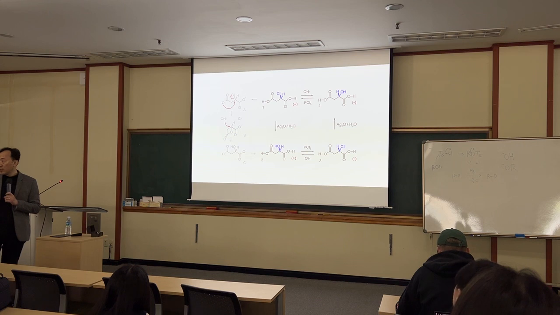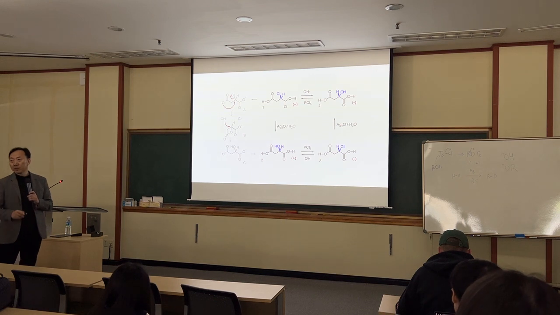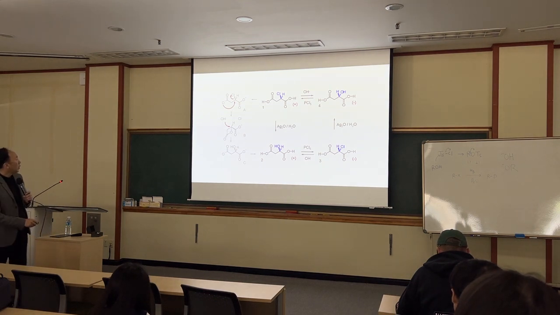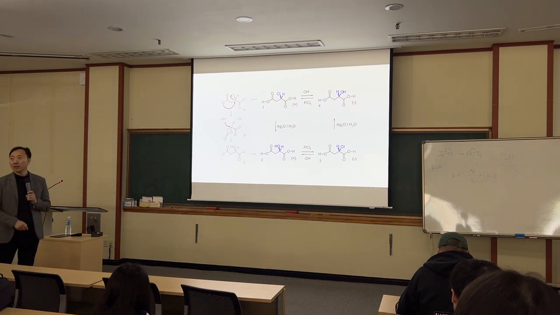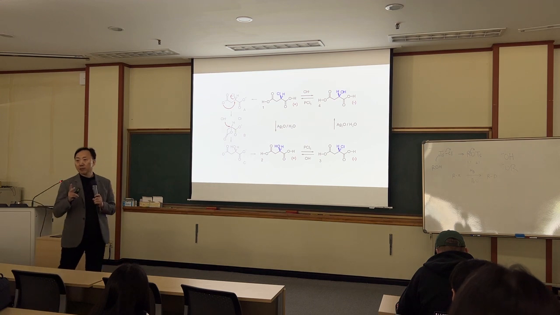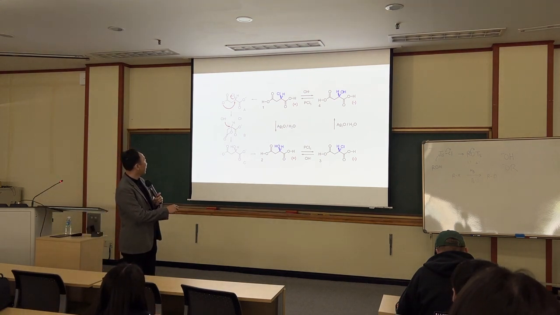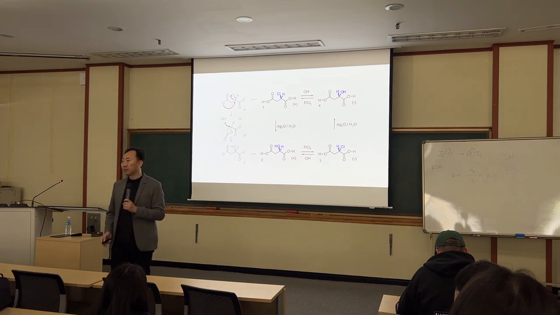This is also an SN2 reaction. One SN2 already happened. One inversion already happened. And then OH minus comes in and pushes here and pushes this out. Another inversion happened. Two inversions happened together. That's why the total result from here to here is retention.